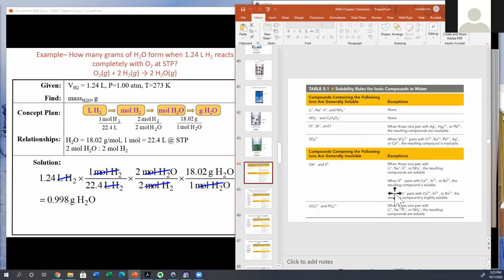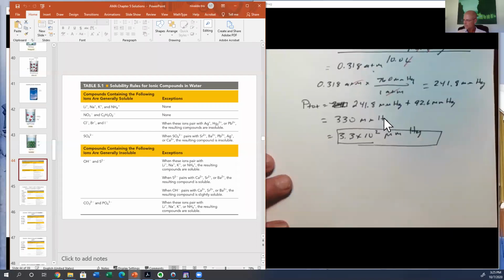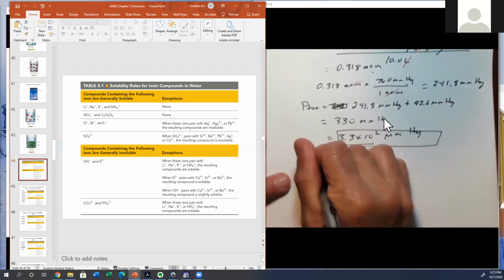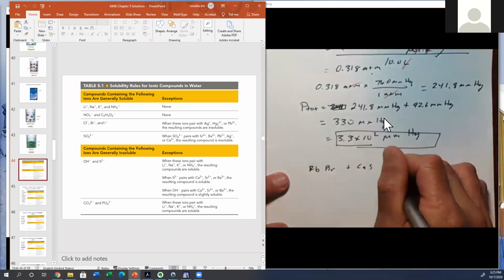So calcium and sulfide will form a precipitate. Tell me the reaction again. It's rubidium bromide and calcium sulfide, and the possible products would be rubidium sulfide and calcium bromide.